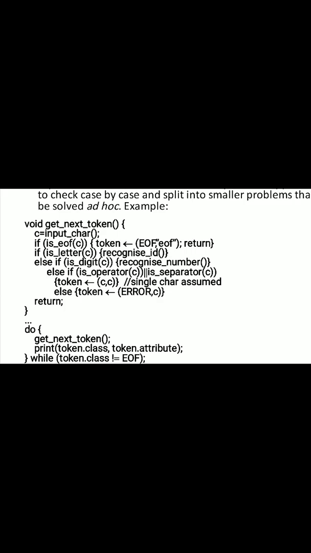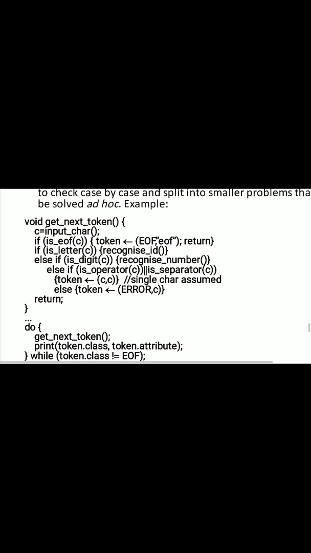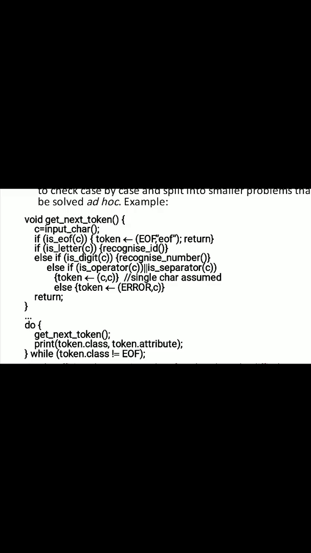If it is a digit, it could be a number, an integer or a real number. If it is not a letter or a digit, then you check whether there is any operator which you have mentioned, such as an arithmetic, bitwise or logical operator, or any operator which has some meaning in your programming language.